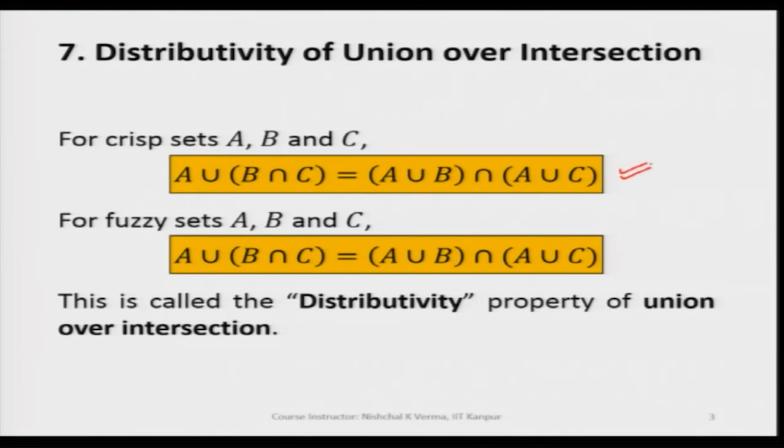This means that when we take the union of a crisp set A and B intersection C, what we get is the intersection of A union B and A union C. So, this we know for the crisp sets.